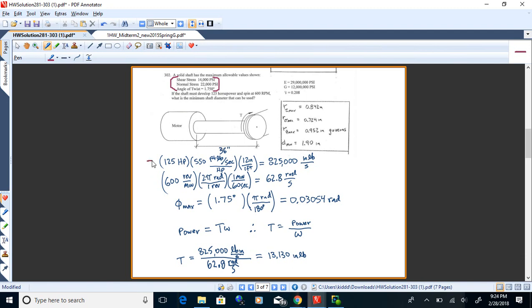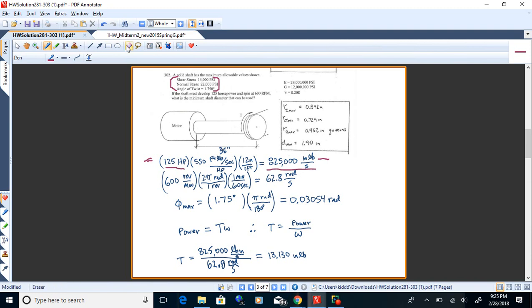So this first slide here, I'm just doing conversions. I've got 125 horsepower, that's the common imperial unit for power. 550 foot-pounds per second per horsepower, 12 inches to a foot. That gets me 825,000 inch-pounds per second.